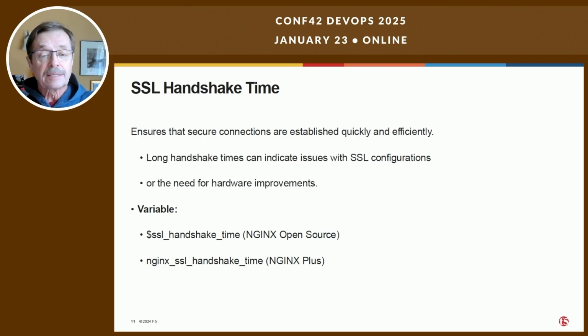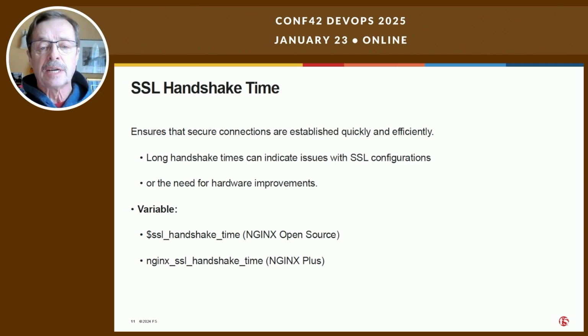SSL handshakes are also equally important. And in fact, in many ways, the SSL handshake is something that we can't live without these days. So the SSL handshake, for instance, lets us start looking at how well we are driving things as they go through.